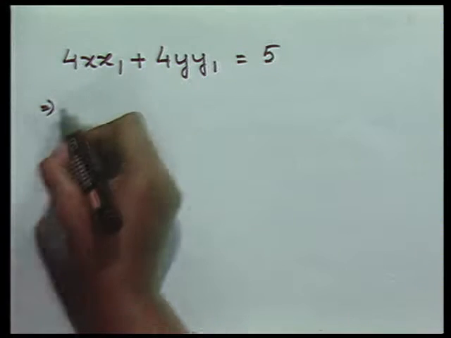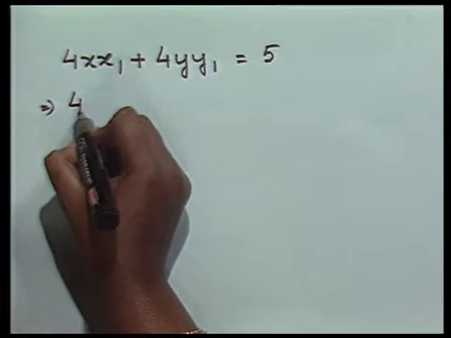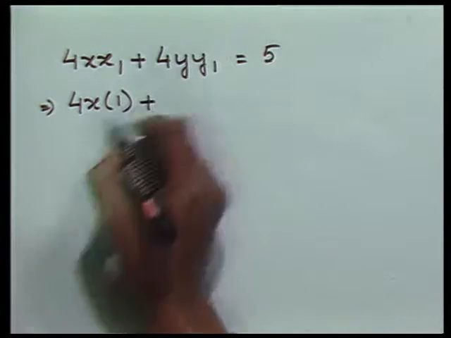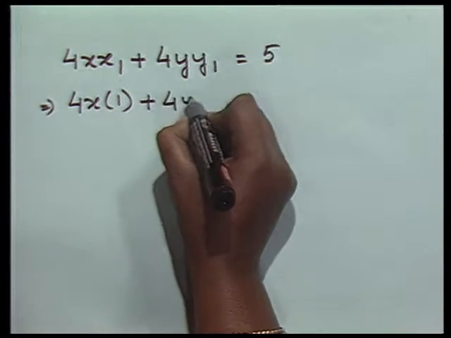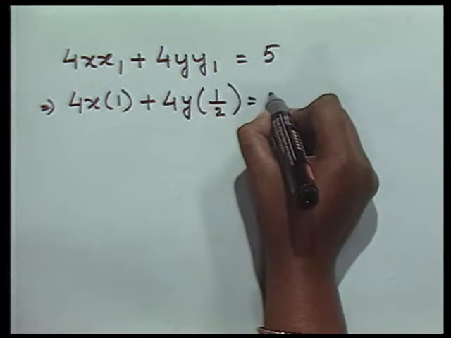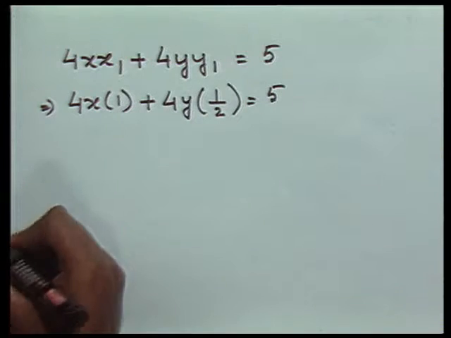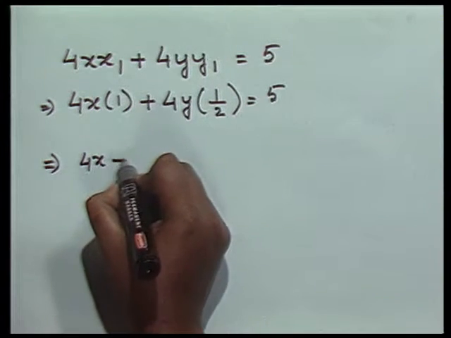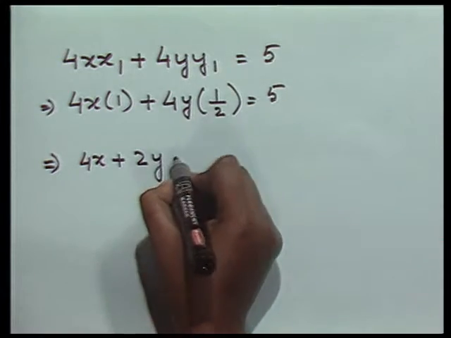And now we will substitute the values of x1 and y1, that is 4x into 1 plus 4y into 1 by 2 is equal to 5. And if we solve the equation, we get 4x plus 2y is equal to 5. So this will be the equation of the tangent.